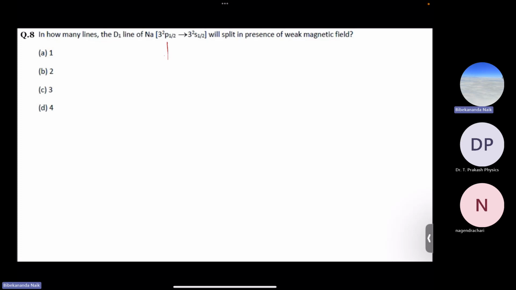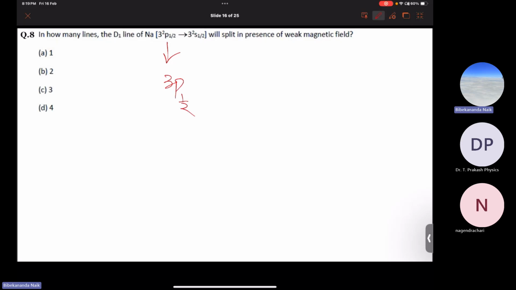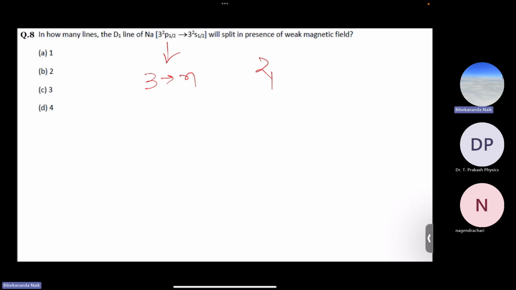Now here, the 3 is n. So the actual terms are 2P half and 2S half.